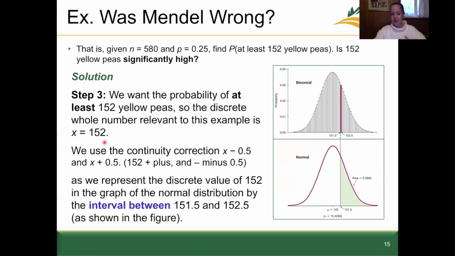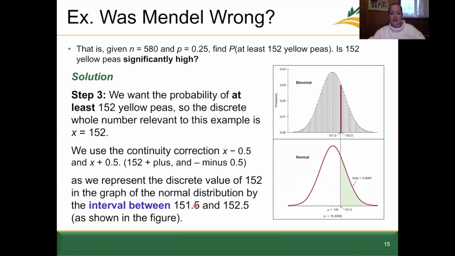When we do that calculation, we represent this discrete value of 152 in our graph of a normal distribution by the interval. So applying the continuity correction, we no longer consider just 152 as our x value. Instead, we consider this range from 151.5 to 152.5.